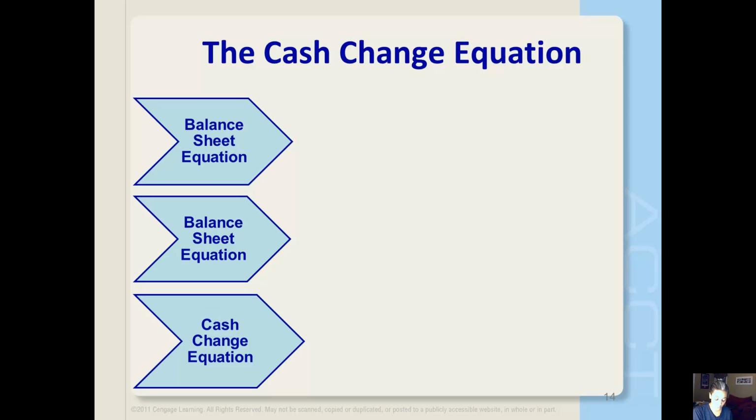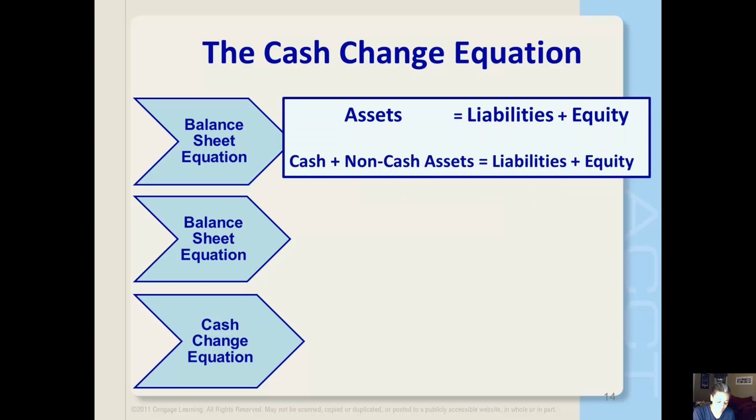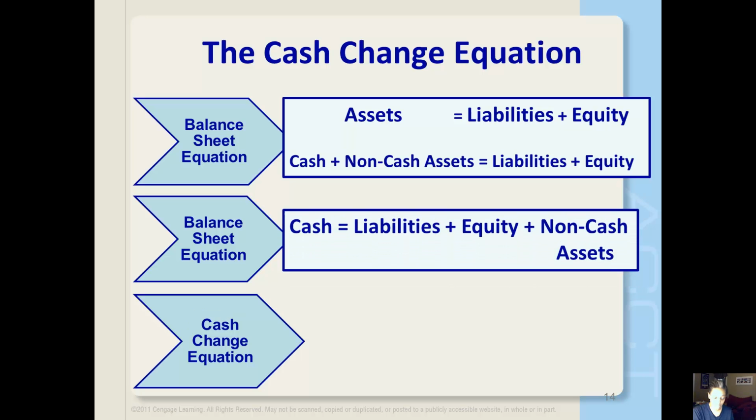So to understand why, let's first consider the fundamental accounting equation. As shown in the top box of this slide, cash can be isolated by breaking it out from other assets, yielding cash plus non-cash assets is equal to liabilities plus equity. Moving non-cash assets from the left side of the equation to the right side yields cash is equal to liabilities plus equity minus non-cash assets.